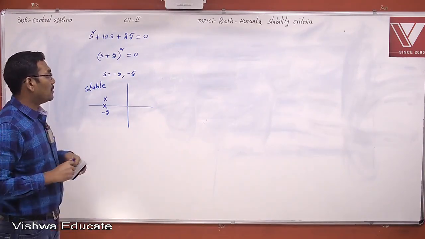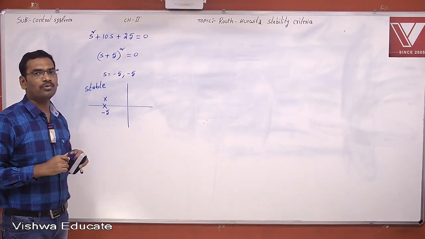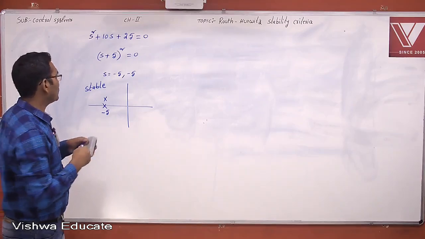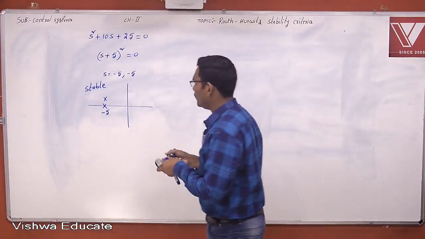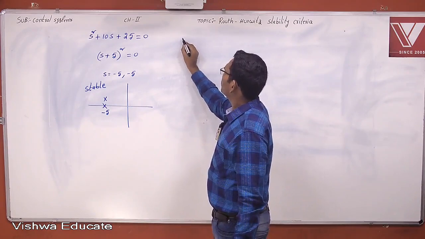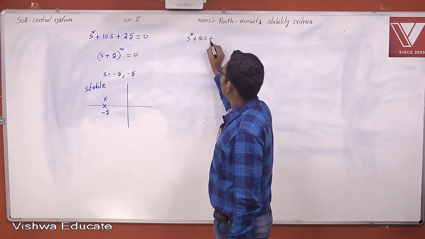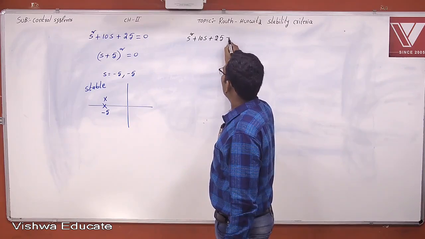Sir, this is the characteristic equation of order 2, but now I am unable to find the roots. Then can we identify whether the system is stable or not? Yes. The same problem we will solve with this s square plus 10s plus 25 equal to 0.